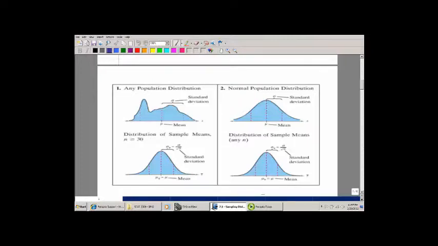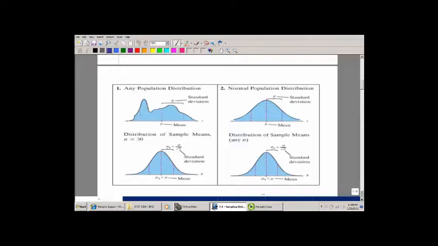So to me, that's the beauty of this theorem, is that you can use the normal distribution as long as you're willing to use random variable X bar with sample sizes of 30 or more. Now graph number 2 just shows that if your original population is normally distributed, the distribution of sample means X bar will be normally distributed for any size n.